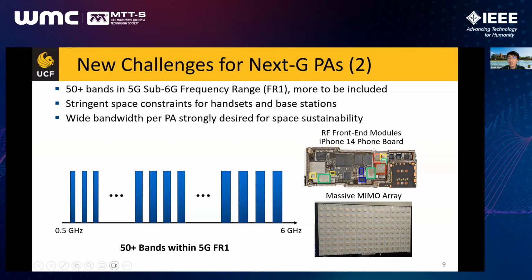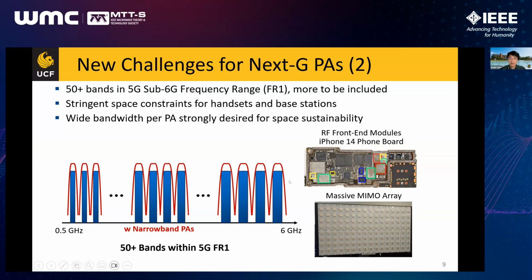And you can see in the iPhone board, to cover all of those bands, we need a lot of those radio front-end modules. If we only have narrowband PAs, we need a large number of power amplifiers in order to cover the entire FR1 range.